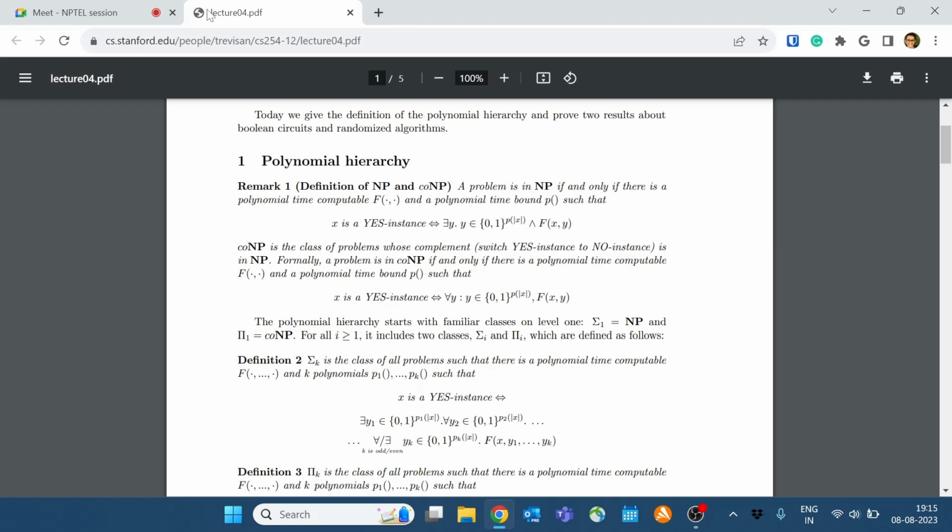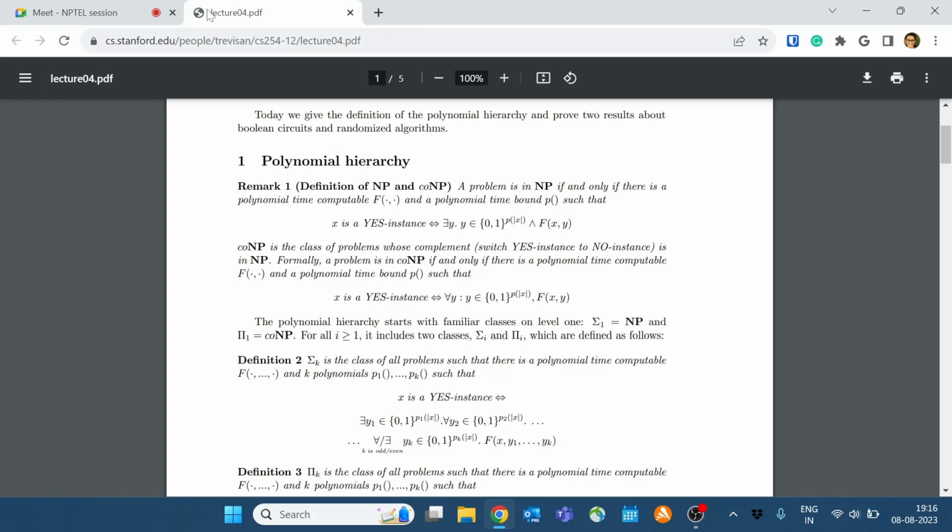Let me just do it like this: for all y, copy, paste.